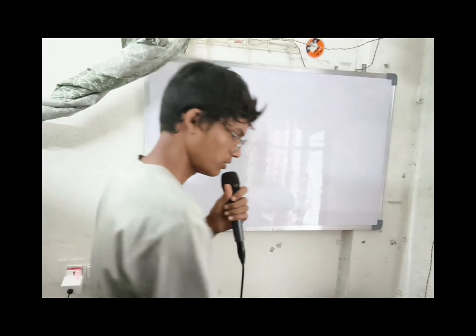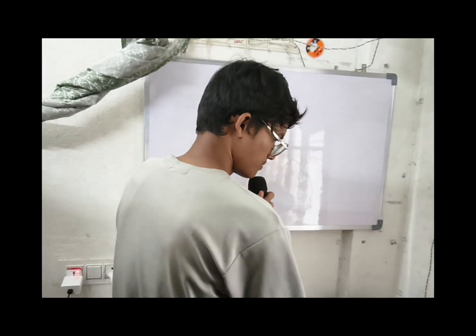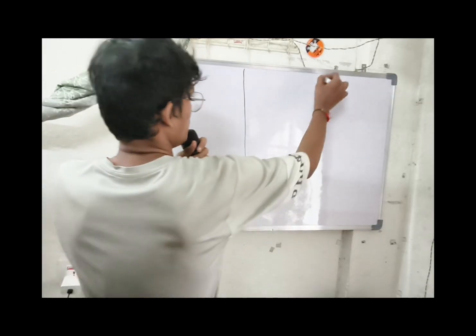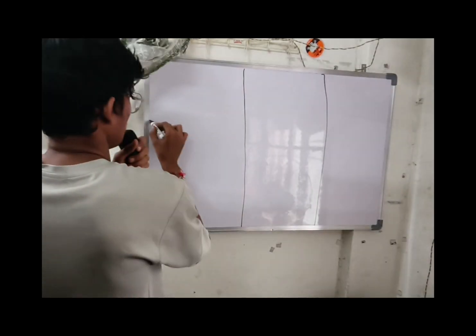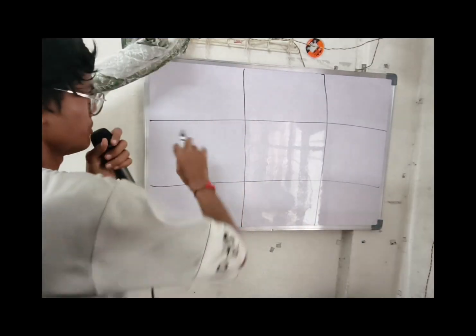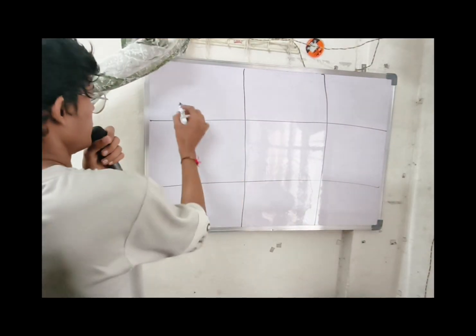Now we'll discuss formulations. This will be more mark fetching. You can write it, it will be very easy. Don't think it will be hard. First make boxes like this.